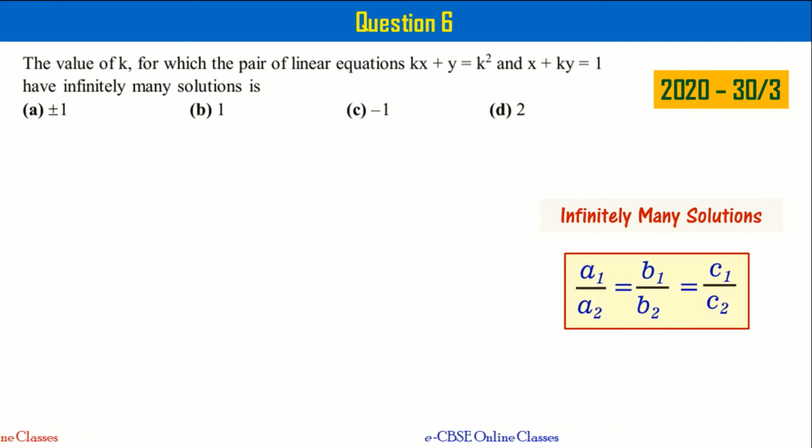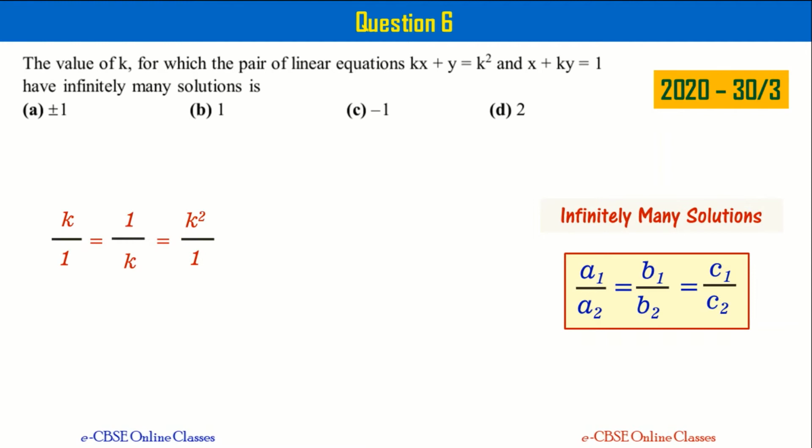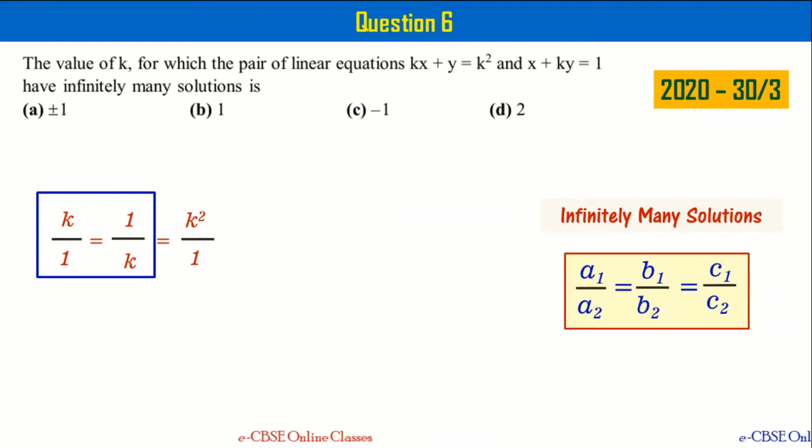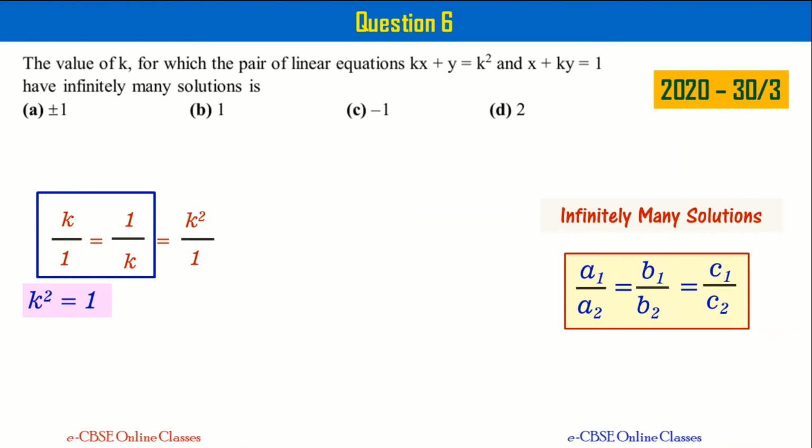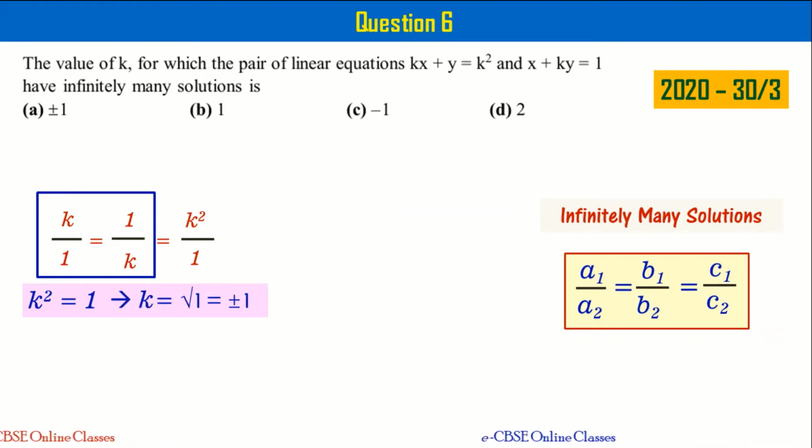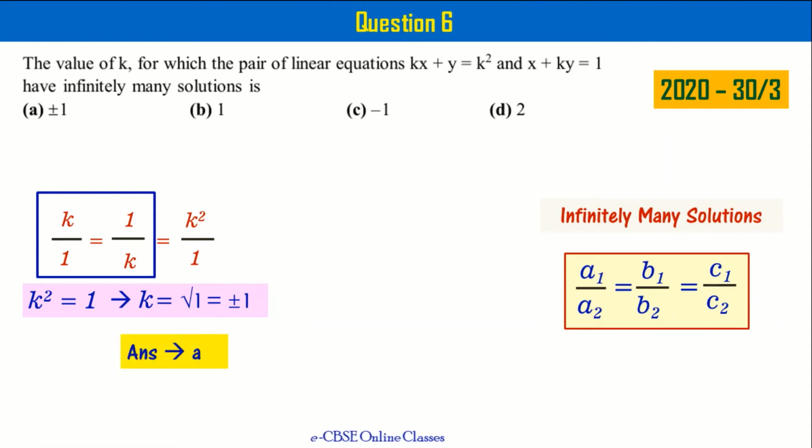It means that the relation between the coefficients has to be a1 by a2 equal to b1 by b2, that has to be equal to c1 by c2. It means that k by 1 has to be equal to 1 by k, that has to be equal to k square by 1, right? So let's consider the first two and cross multiply such that you get k square equal to 1. Simplify it such that you get k equal to plus or minus 1, right? So choice A is the answer.